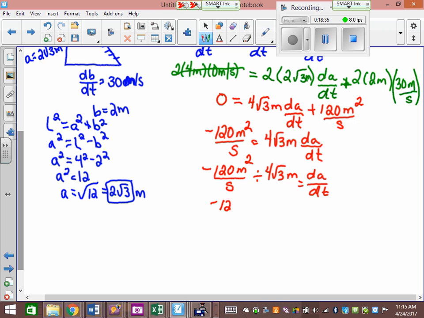So you can get negative 120 meters squared per second times 1 over 4 root 3 meters.